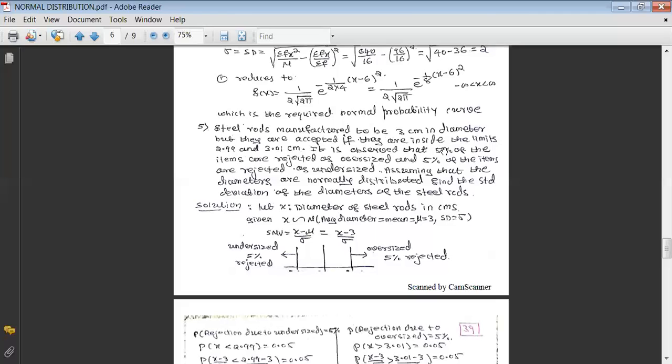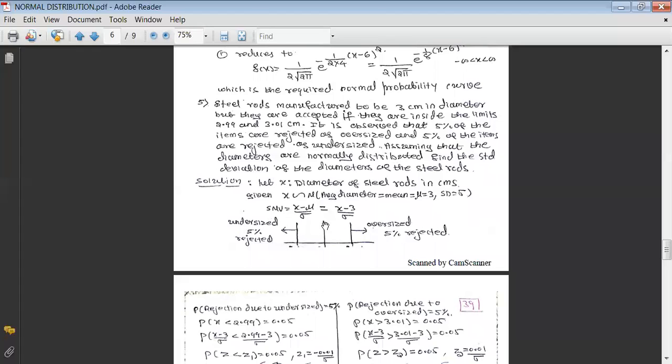As they have said, diameters are normally distributed. That's why we can take x, the diameter of the steel rods, as normally distributed with average diameter mu equal to 3 and unknown standard deviation sigma. And we can write the standard normal variate equals (x minus mu) by sigma, that is (x minus 3) by sigma, and since sigma is unknown, let us write it as sigma itself.